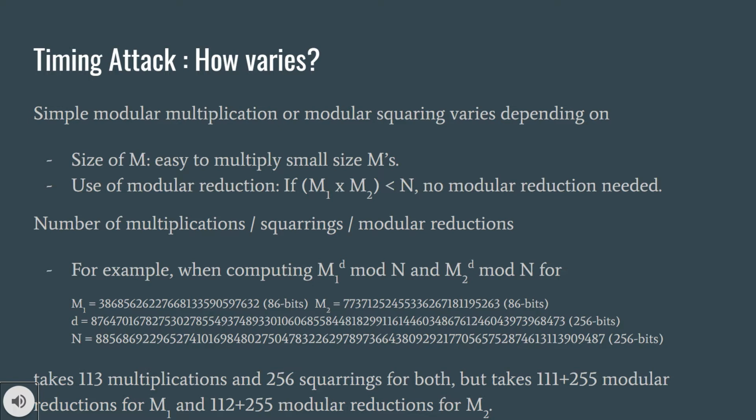It takes 113 multiplications and 256 squarings for both, but takes 111 plus 255 modular reductions for M1, but 112 plus 255 modular reductions for M2, which means we use one more modular reduction for M2.